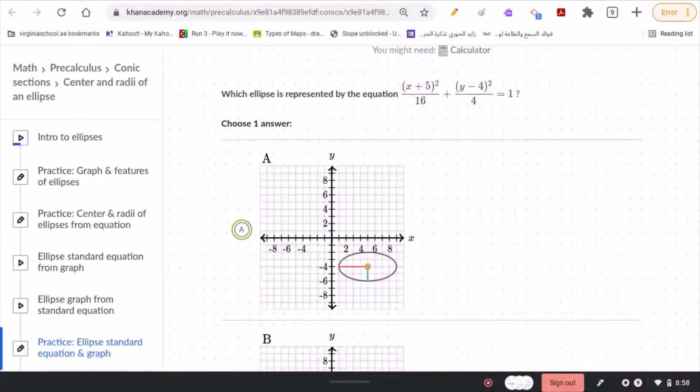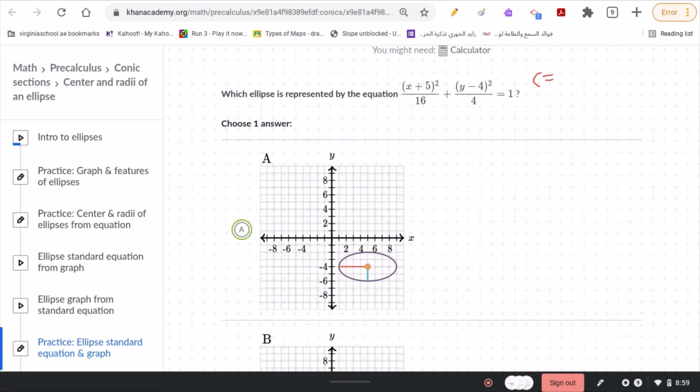Hello, now we have a question. Which ellipse is represented by the equation (x plus 5) squared over 16 plus (y minus 4) squared over 4 equals 1? So now we need to find the graph which matches this equation. So first, let us find the center from the equation.